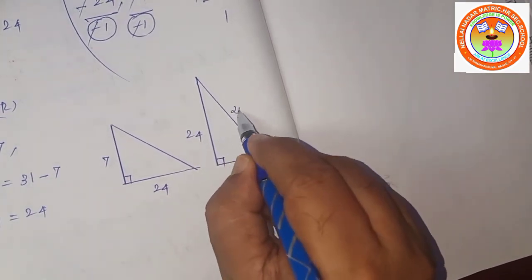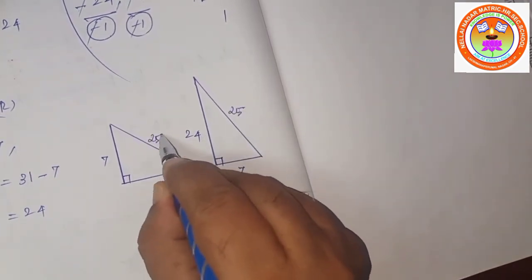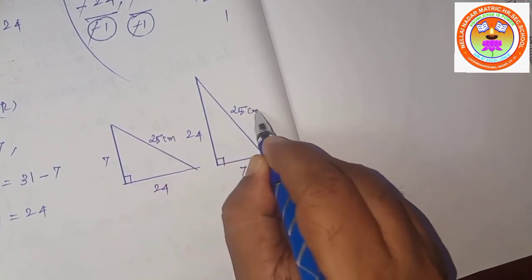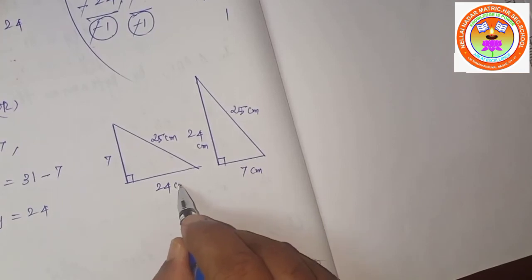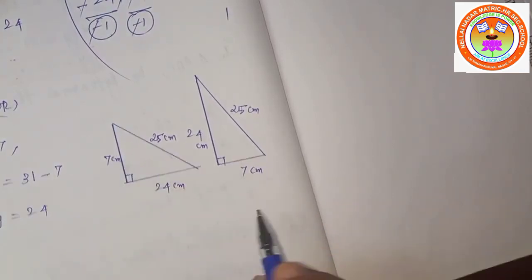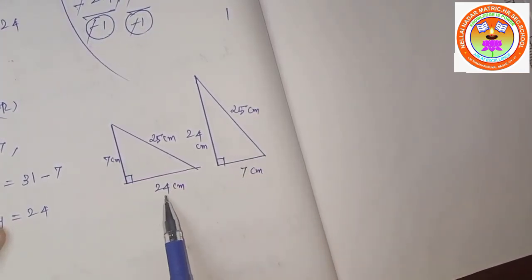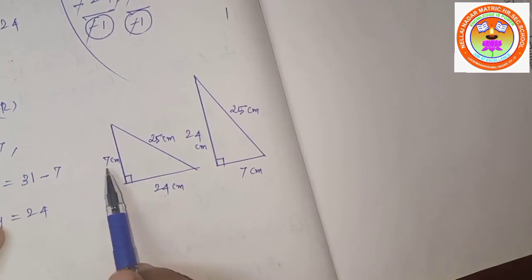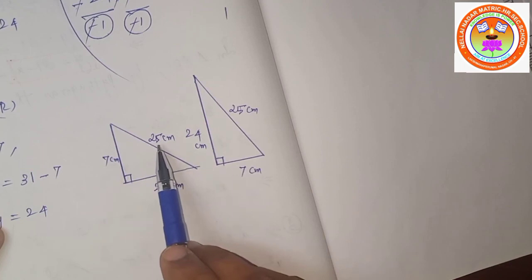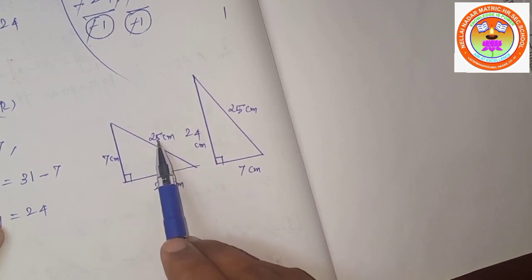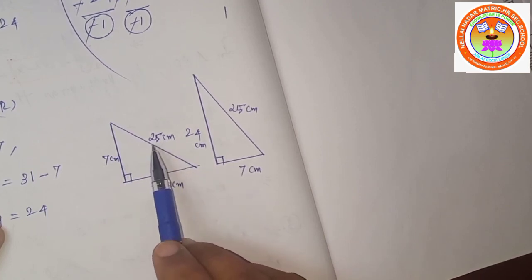Anyway, this one is 25. Hypotenuse length is 25 only. 25 centimeter, 24 centimeter, 7 centimeter. Because 24 square is 576, 7 square is 49. 576 plus 49 equals 625, because 25 square is 625. The Pythagoras theorem is satisfied.